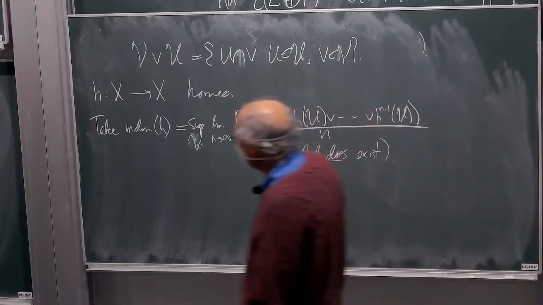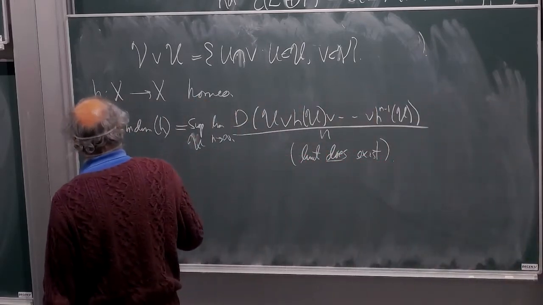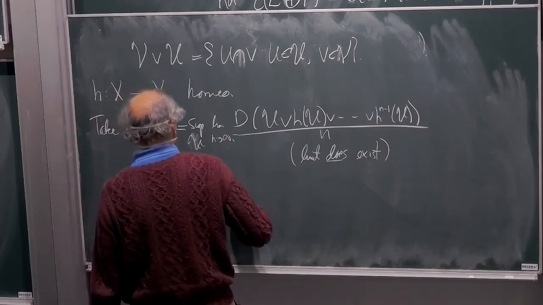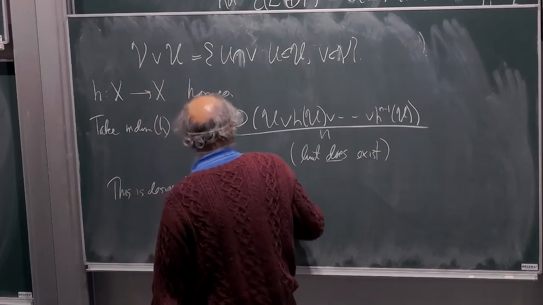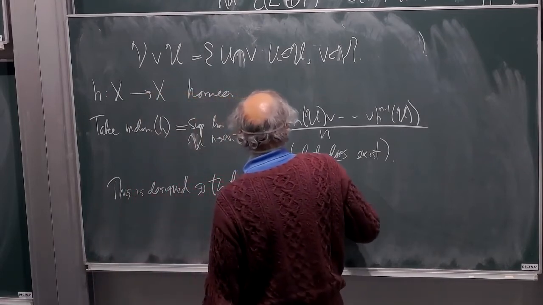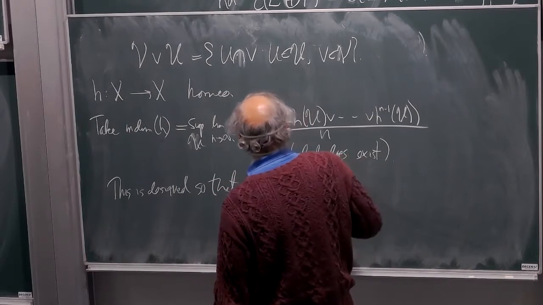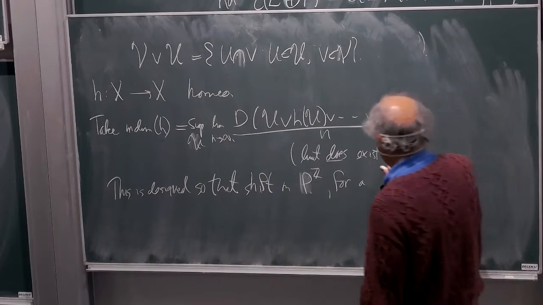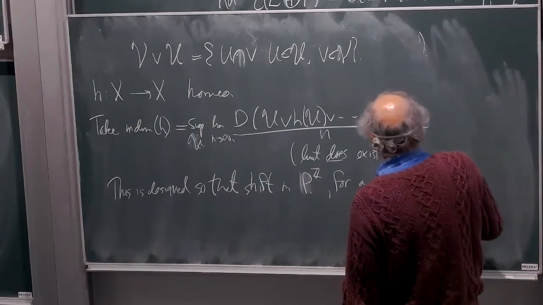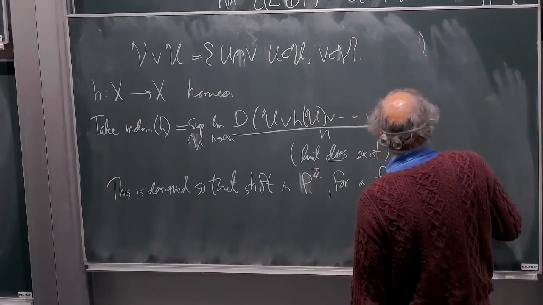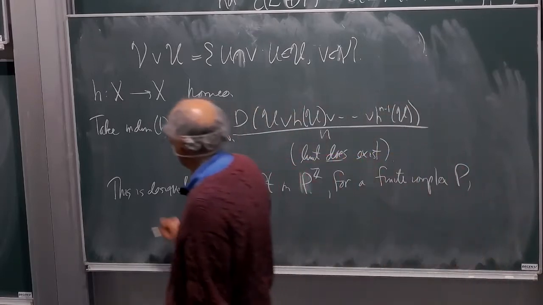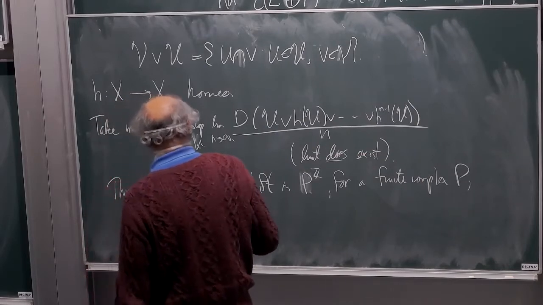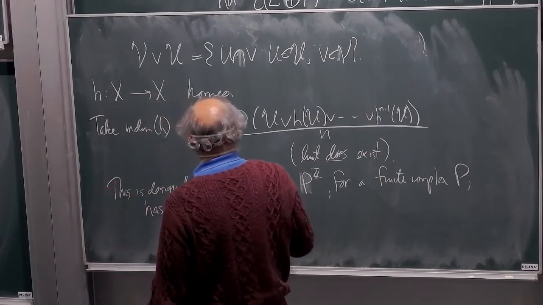And in fact, this is designed so that the shift on k to the z, let me actually not use letter k, let me call it p, for a finite complex p, has mean dimension equal to the dimension of P.